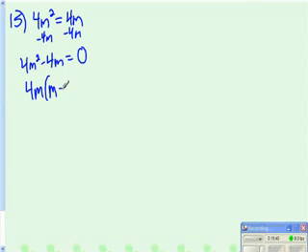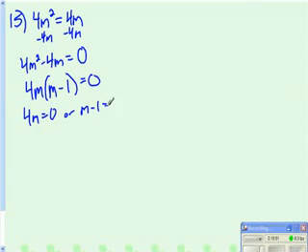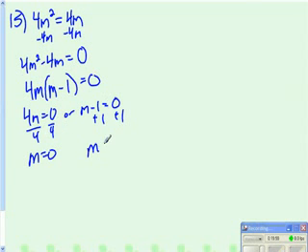That will leave me with 4m times m minus 1. So either 4m equals 0 or m minus 1 equals 0. Divide by 4, and m equals 0, or add 1, and m equals 1.